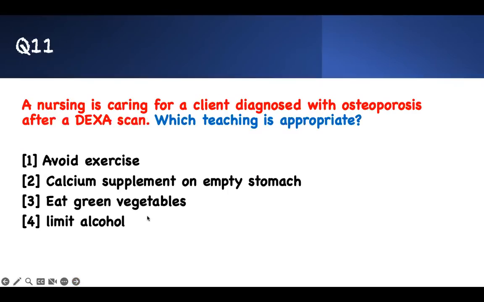Number 11. A nurse is caring for a client diagnosed with osteoporosis after a DEXA scan. Which teaching is appropriate? So which one do you think is appropriate? Keywords: osteoporosis, appropriate teaching. That's all. What do you need to teach for these people?